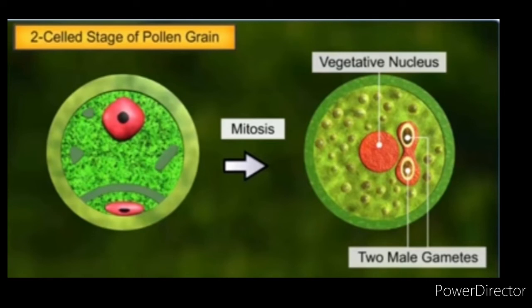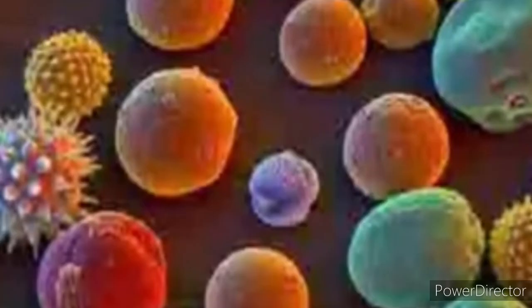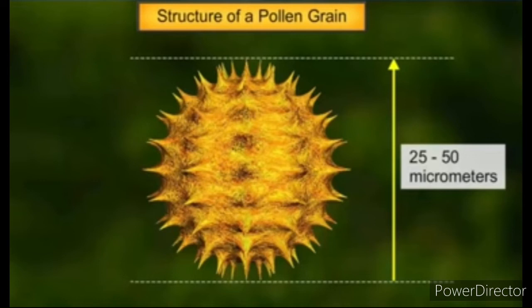Now we will discuss the structure of a pollen grain. First, what is the shape of a pollen grain? Normally, pollen grains are spherical, oval-shaped or triangular in shape, and 25 to 50 micrometers in diameter.